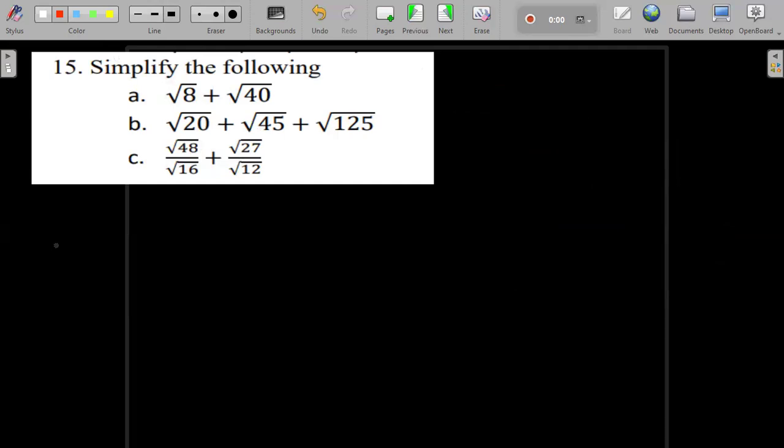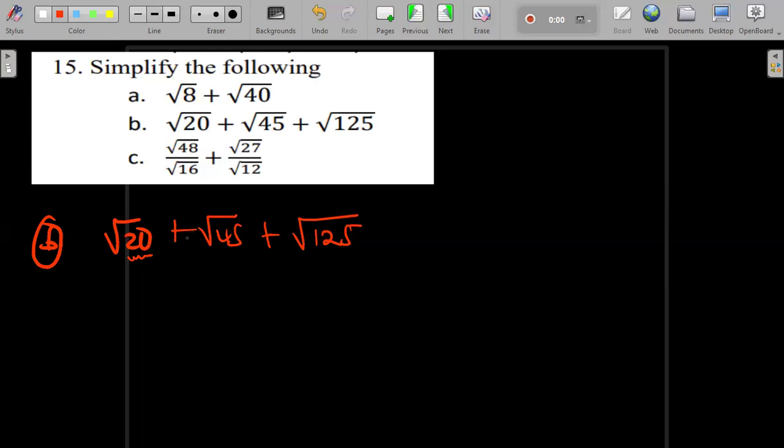Okay, so B, we have root of 20 plus the root of 45, and then plus the root of 125. So we can simplify these surds by finding two numbers such that one of them has a perfect root.